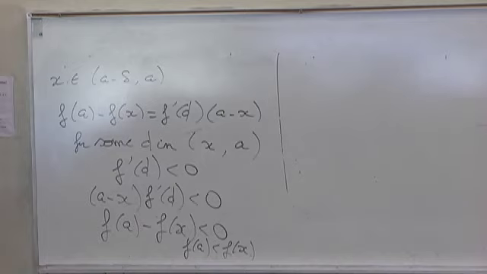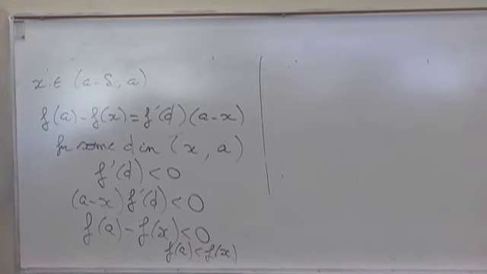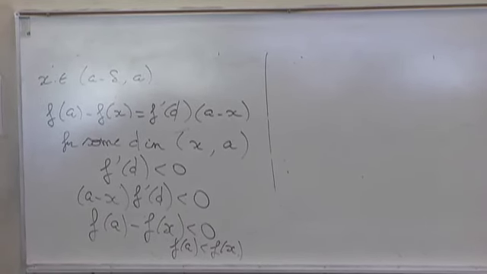Is f prime necessarily 0 at a? 1 in favor? 2? You dissent? No. Because it may not be differentiable. Exactly. Everything we did works if it's differentiable except at a, like the absolute value.